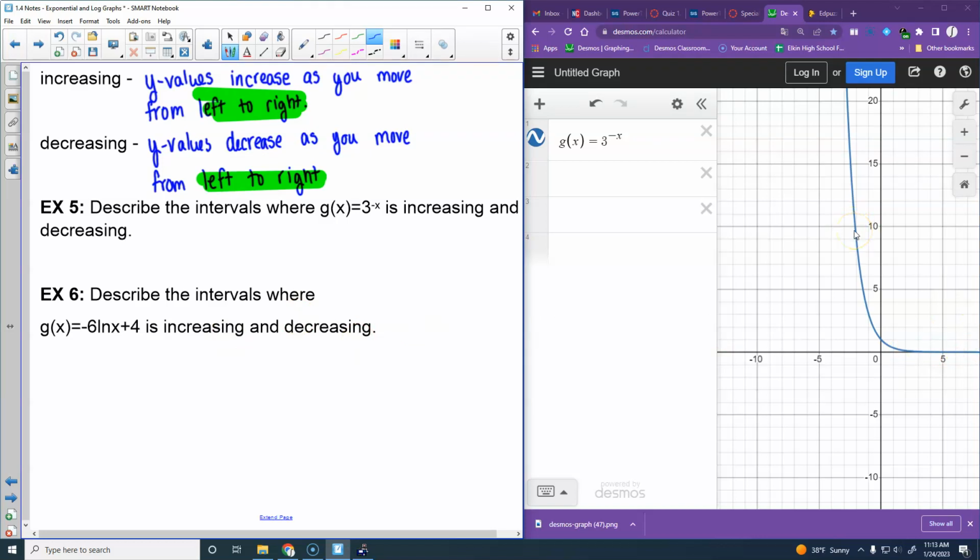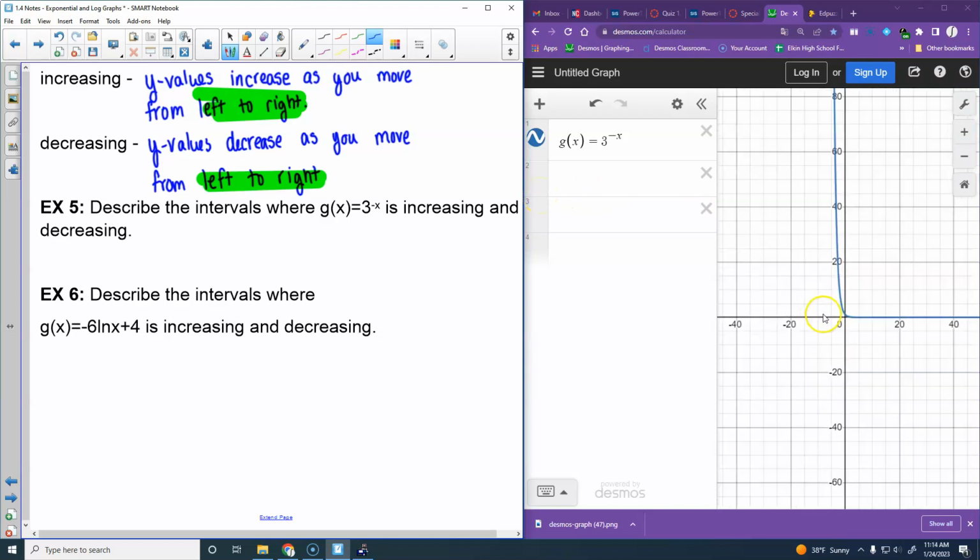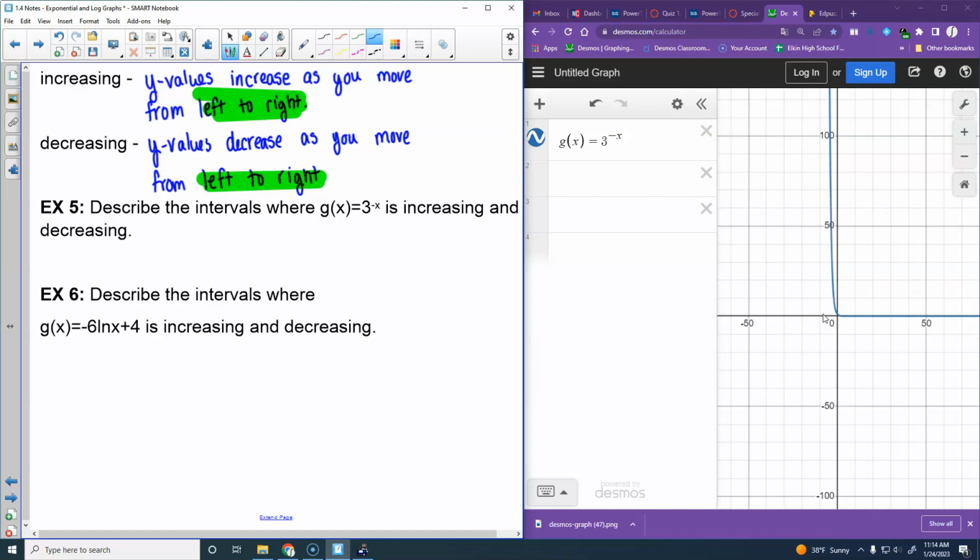That's where I feel unsure. Does this continue to go to the left forever? If I zoom out, it looks awfully vertical asymptote-y there. But what did we write about exponentials at the very beginning when we were doing domain and range?